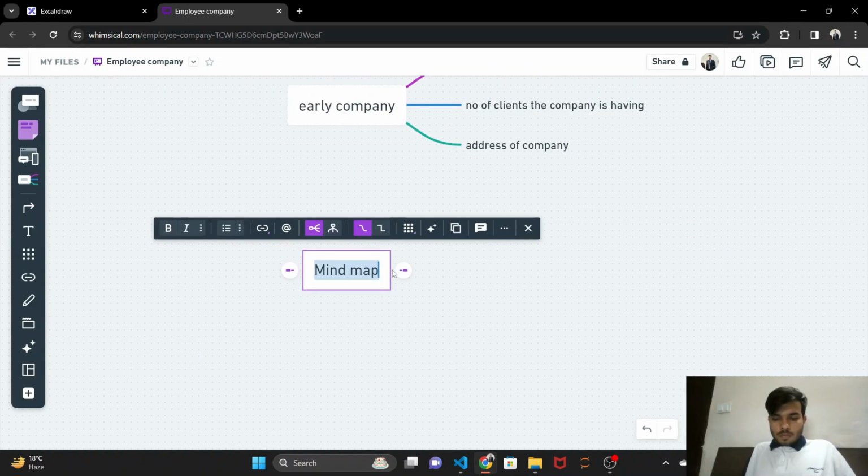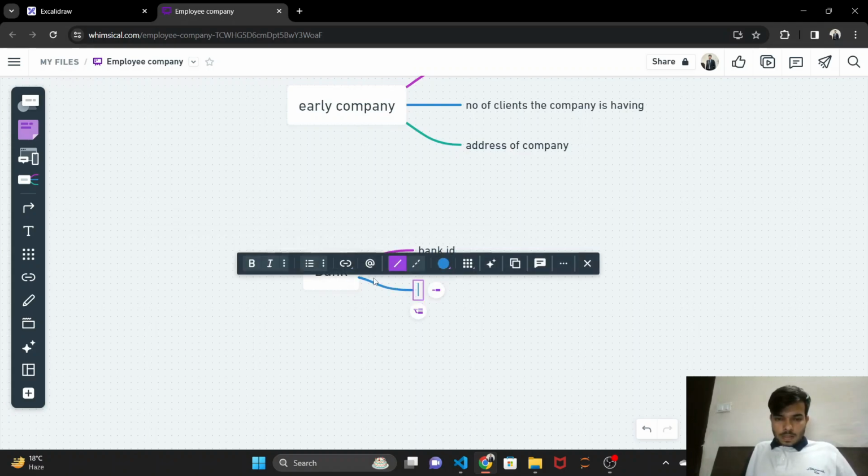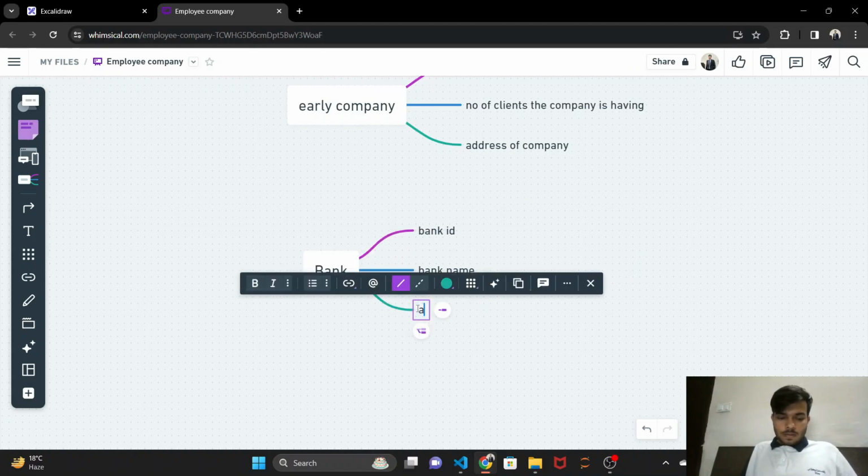which we are referring to as bank, a kind of financial institute with which early company will be associating. So it will be having various attributes like bank ID, and then we can have bank name. Here bank ID will be the primary key. Then address of bank.